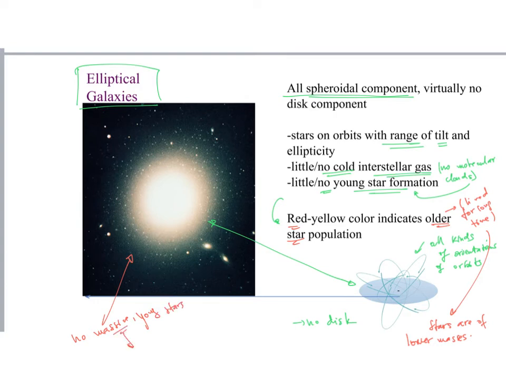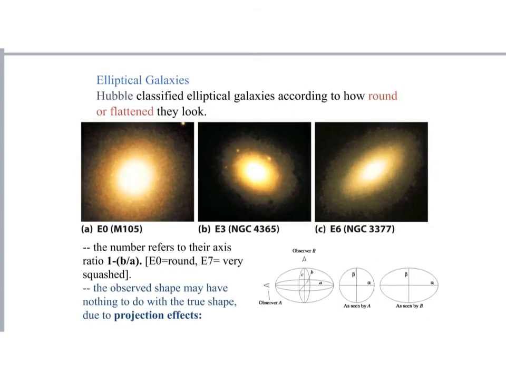The massive stars, they die fast, remember? So they already died a long time ago. So basically, elliptical galaxies are like old, dying galaxies, which is quite a difference from what we see in the spiral galaxies, which are kind of booming with activity. They have lots of star formation happening in their disks.